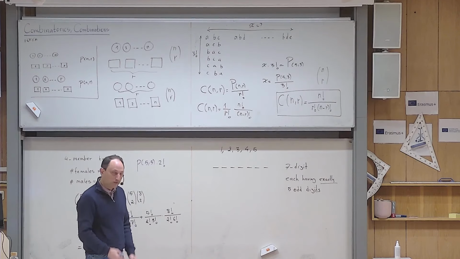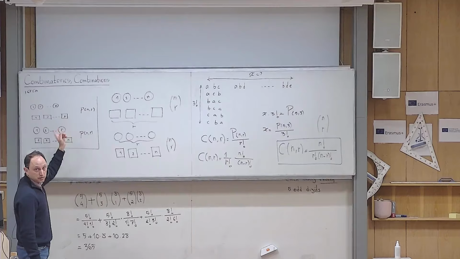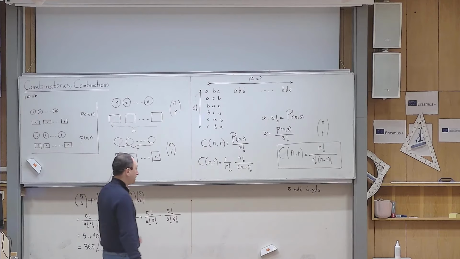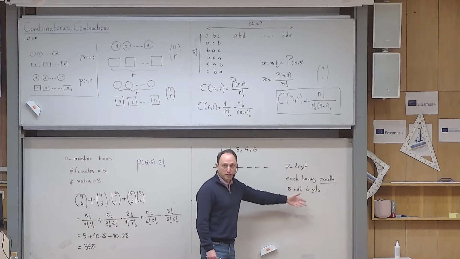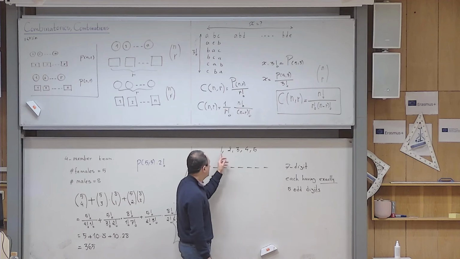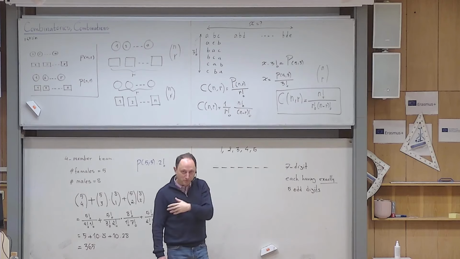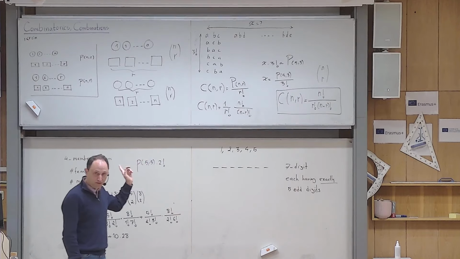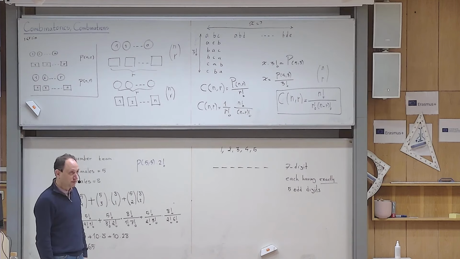In this model, boxes and marbles are all distinct, but if I want to write 5 odd digits, I cannot choose 1, 3, and 5 because I do not have enough odd digits. So I have to repeat, and it means that either my marble is not distinct or my number of boxes is not distinct. So it is not possible to use that model. That model is very unforgiving. It should be exactly according to what is written there.